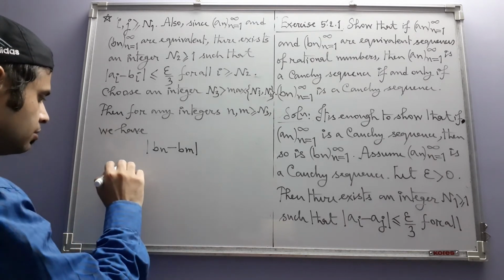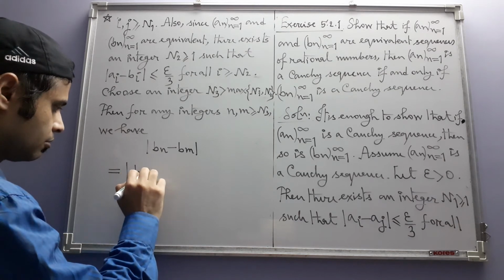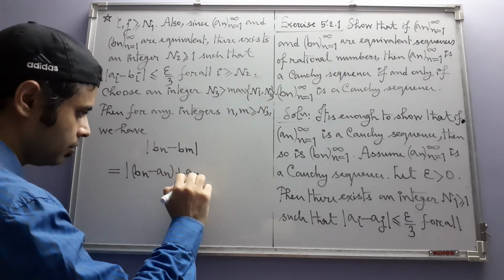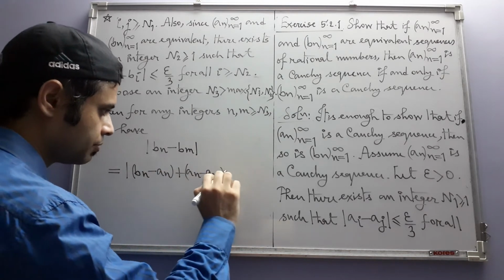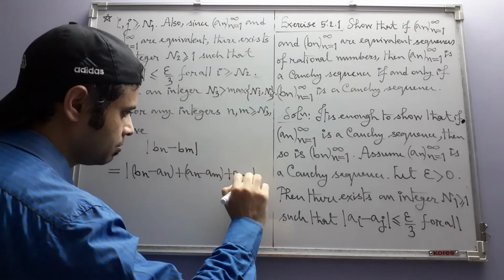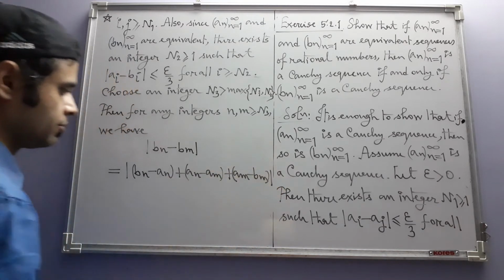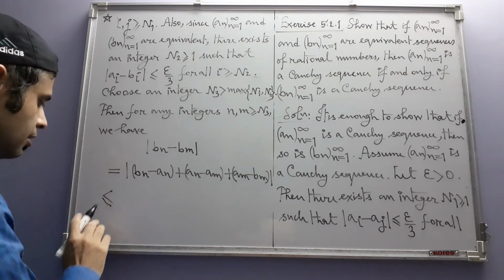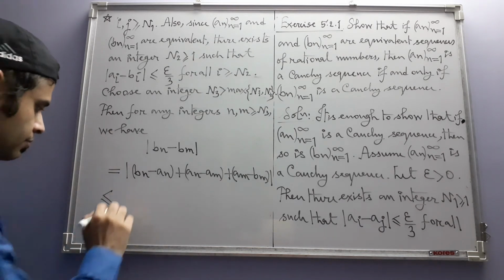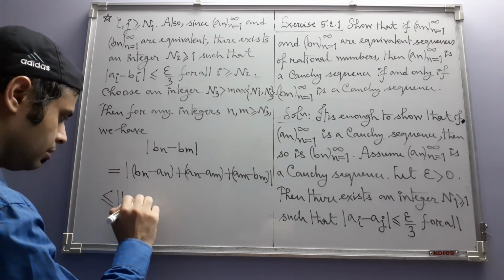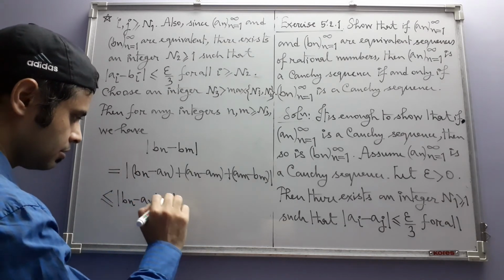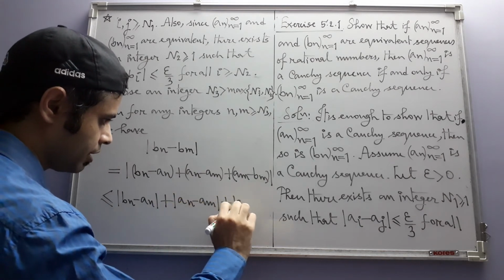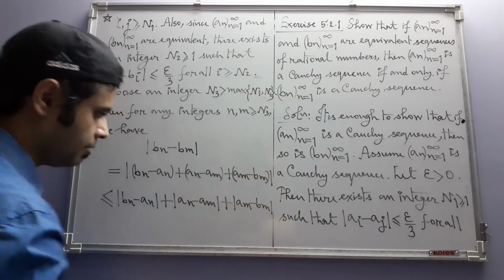this can be written as bn minus an plus an minus am plus am minus bm. Now you can use triangle inequality and write this to be less than or equal to absolute value of bn minus an plus absolute value of an minus am plus absolute value of am minus bm.